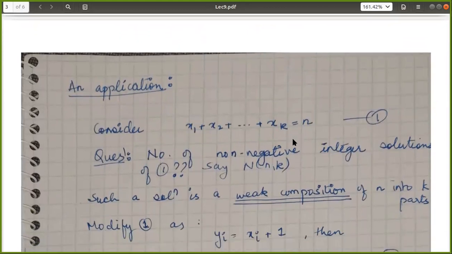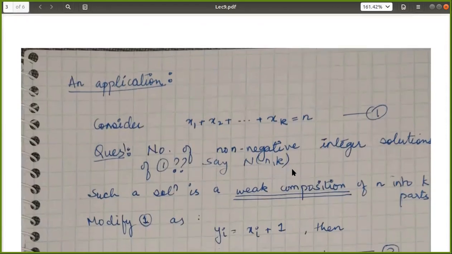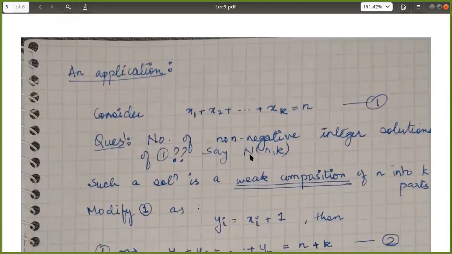So what we are really being asked is the number of k weak compositions of the number n. Right? So suppose this number is called n, k, just for notational purposes. This is also from the book, the notation.